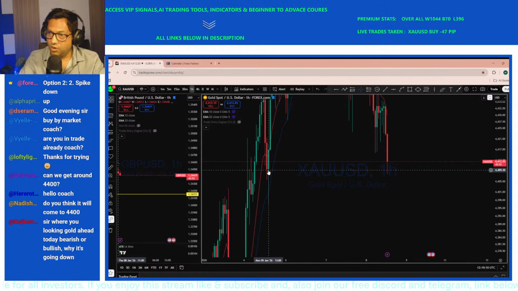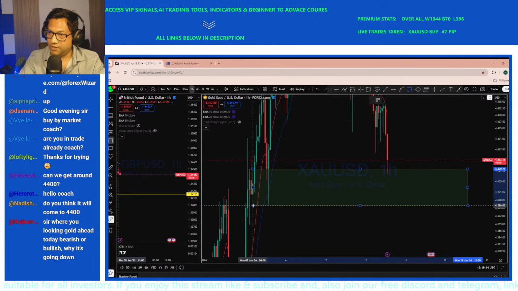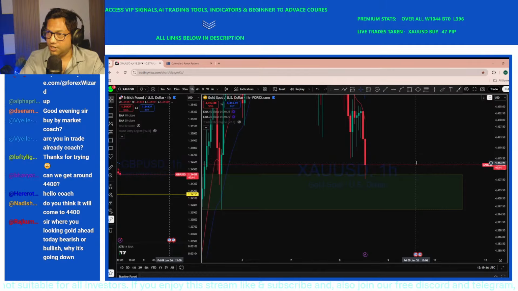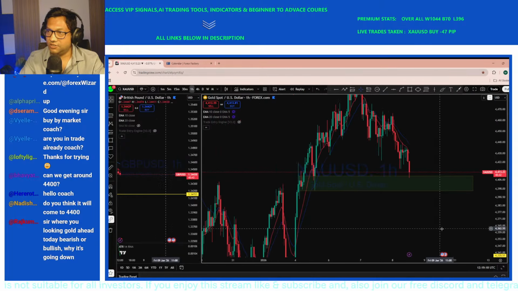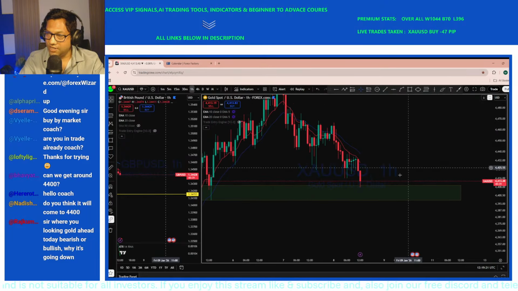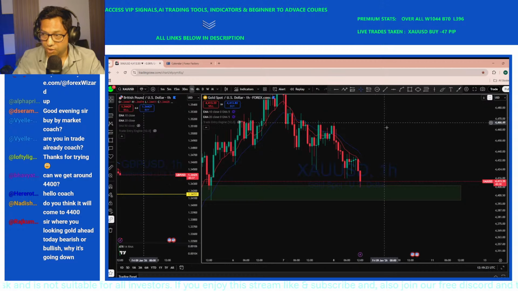This is 1 hour. If you look at this, there is a long wick here, an imbalance in the market. Okay, so when the price approaches that imbalance, there is a very high chance the market will fill that imbalance before it bounces back to the upside.